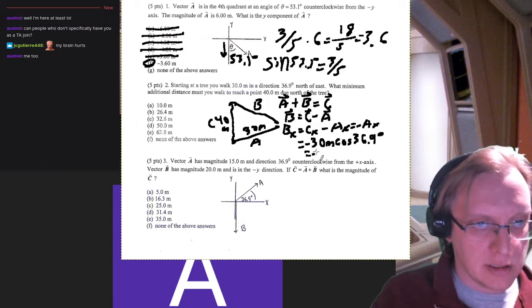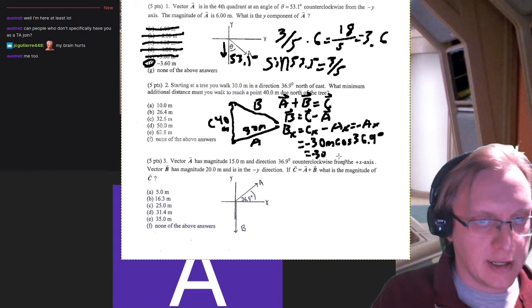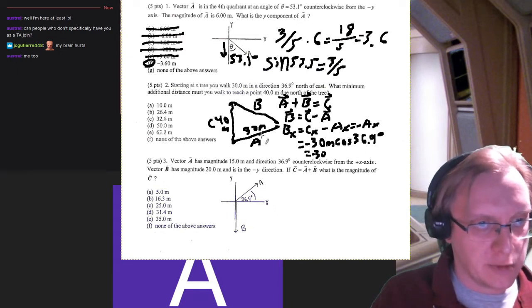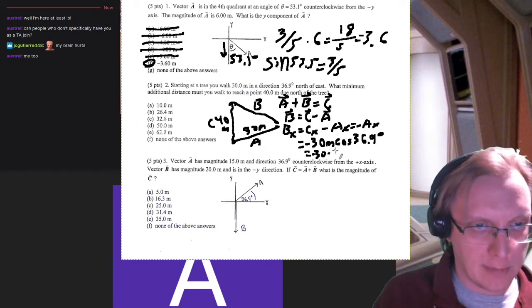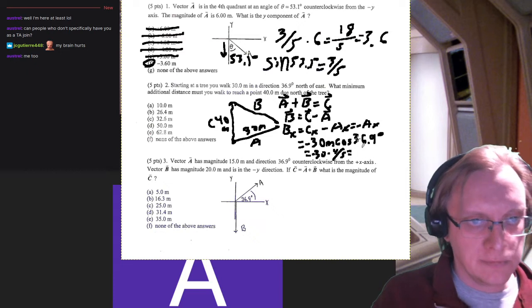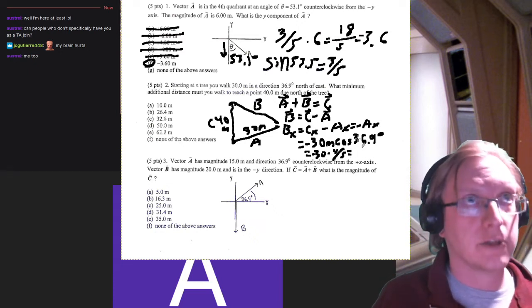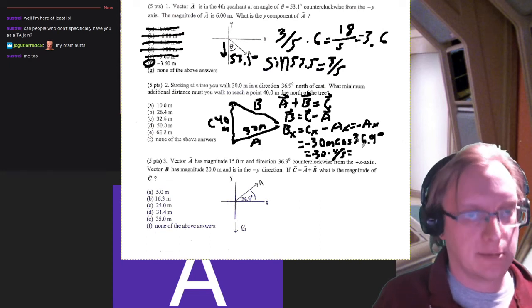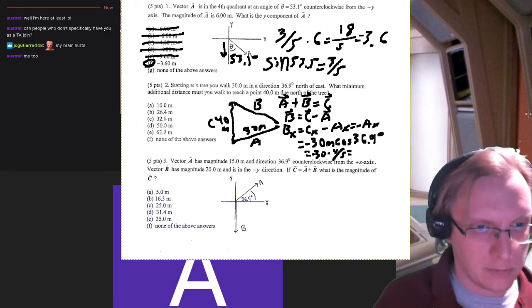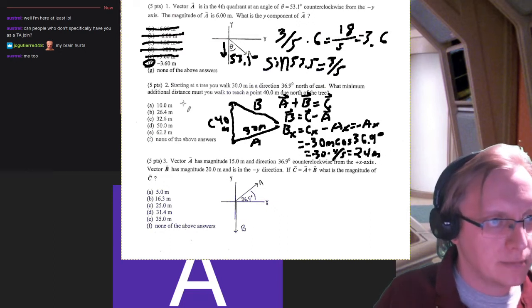And then there's our 3, 4, 5 triangle again. So we want the going out to the right, the long one, so multiply by 4/5, and that works out to this. 30 divided by 5 is 6 times 4 is 24.